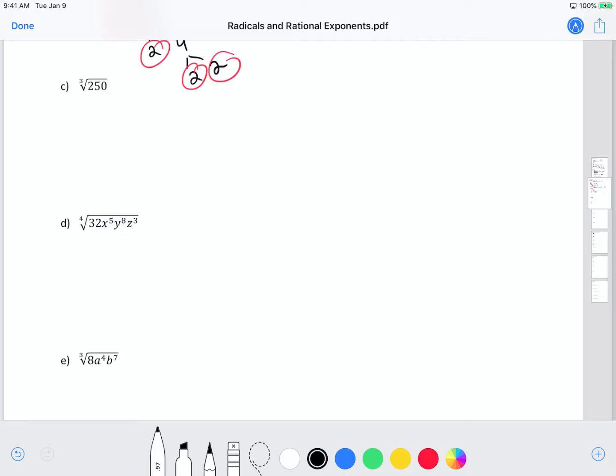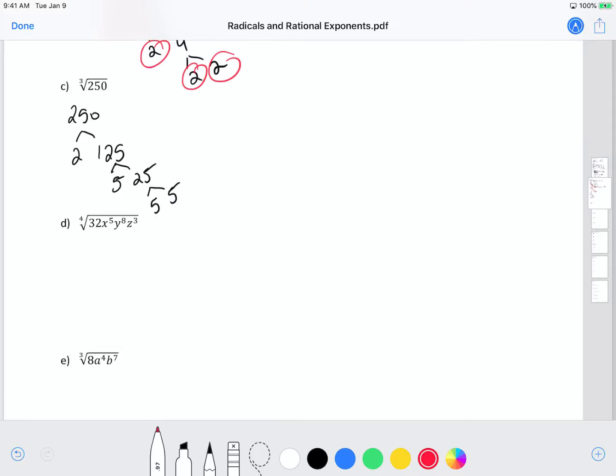Now with the cubed root, that means you're looking for 3 things to group together before you can bring it outside of the radical as one of those numbers. So we're going to break down 250 into 2 times 125, and then 125 can be broken down into 5 times 25, and then 25 can be broken down into 5 times 5.